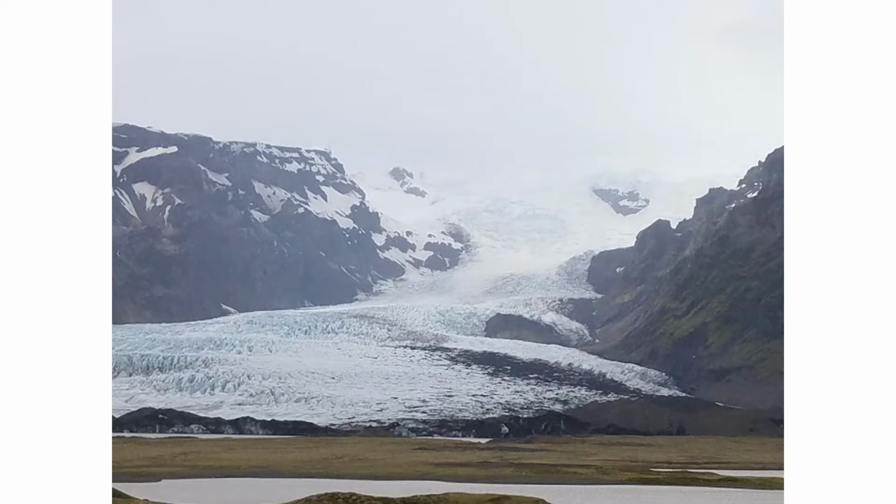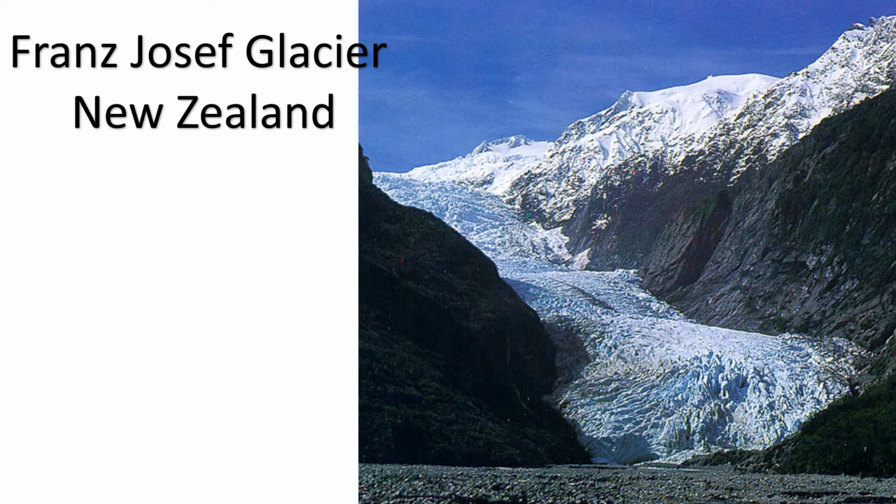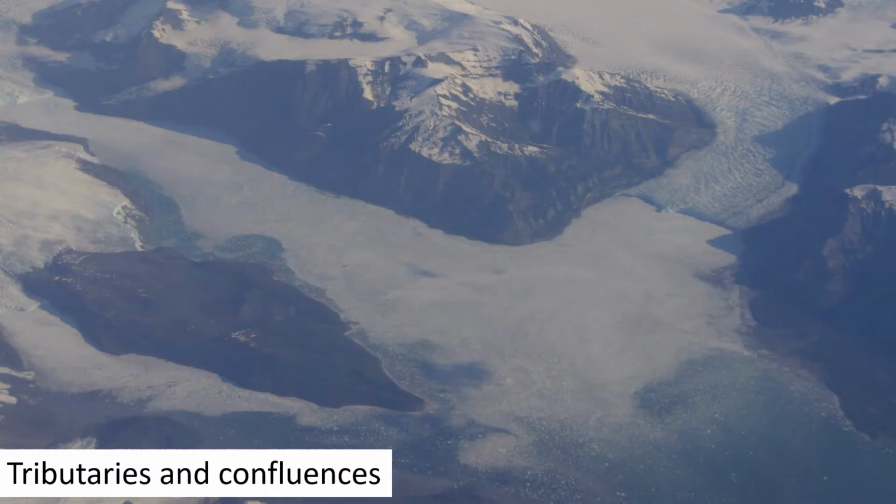Here you can get a sense of ice forming up here and flowing downhill, just like liquid water would, but it's ice. Another great example of what a mountain or valley glacier looks like, where it looks like it's flowing downhill, just like liquid water, but it's actually ice.